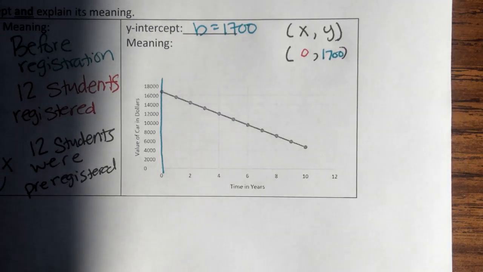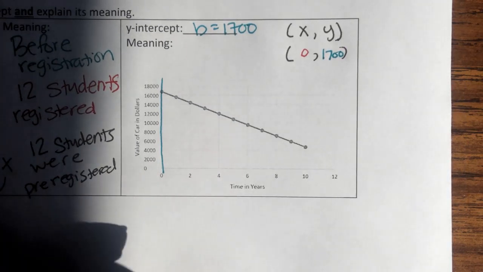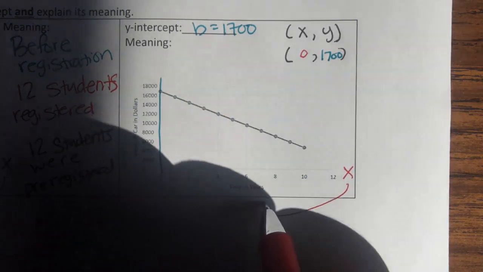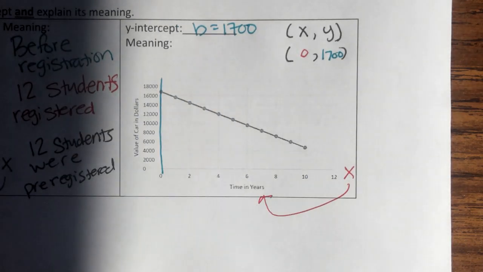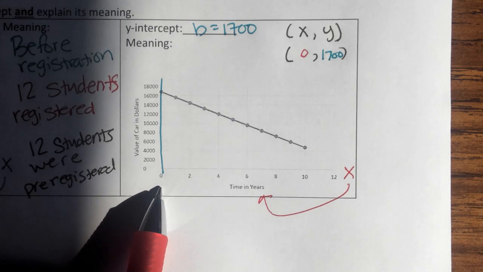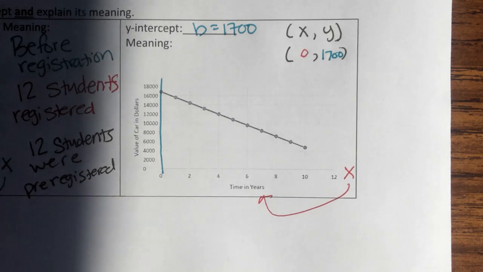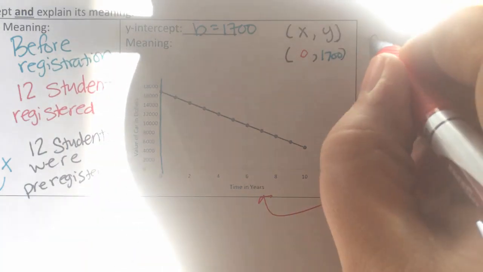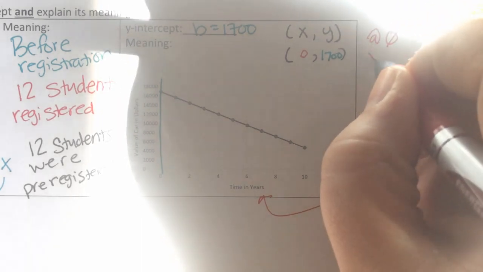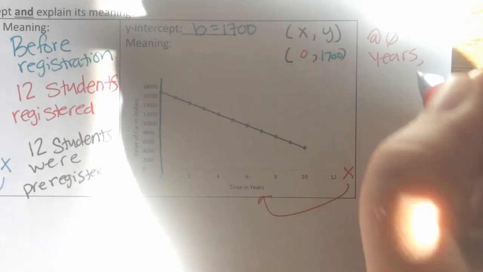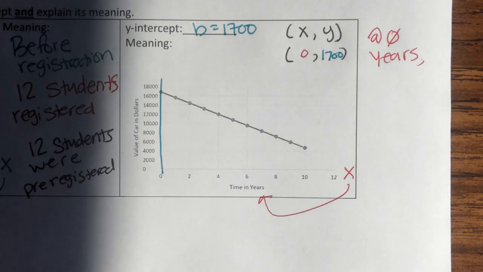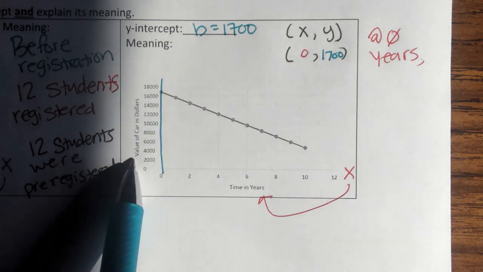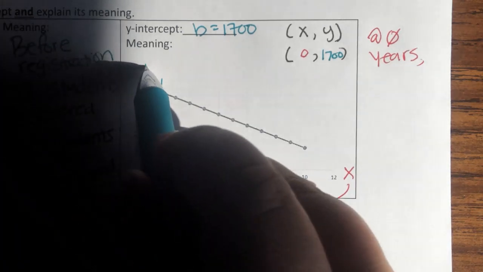Okay, so now let's put some meaning to this. What does the x-axis talk about? The x-axis is labeled with years. So at 0 years, the y value talks about the value of the car in dollars.